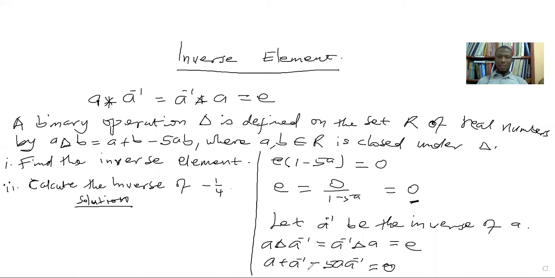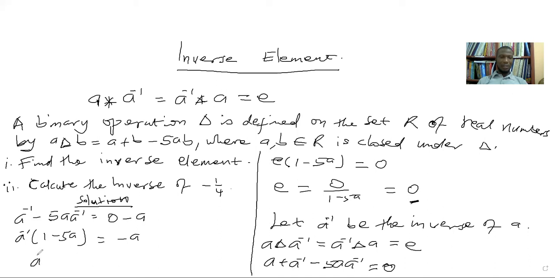Let's go ahead and work. Our main aim here is to make A inverse the subject. So that is what we are going to do. Let's first group the A inverse terms. We factor A inverse out to have 1 minus 5A being equal to negative A. We divide both sides by 1 minus 5A.